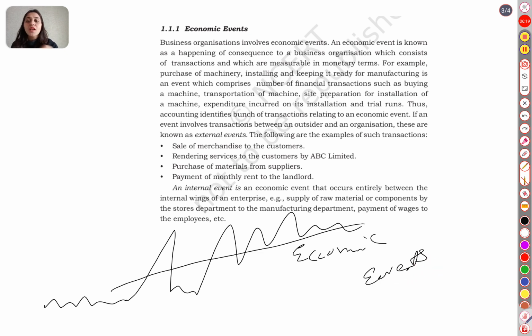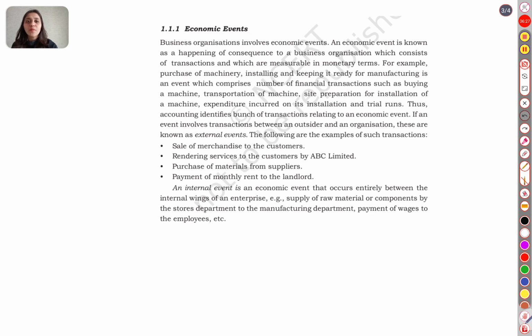Okay, so now let's read what economic event is. So business organization involves economic events. An economic event is known as happening of consequences of business organization which consists of transactions and which are measurable in a monetary term.